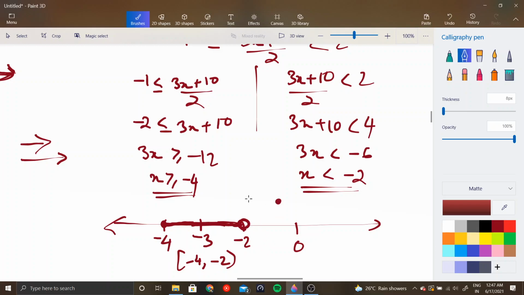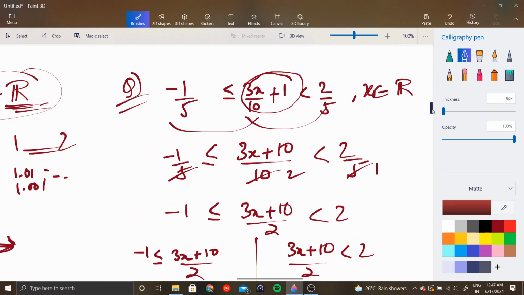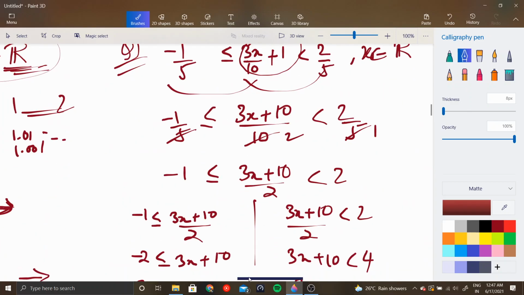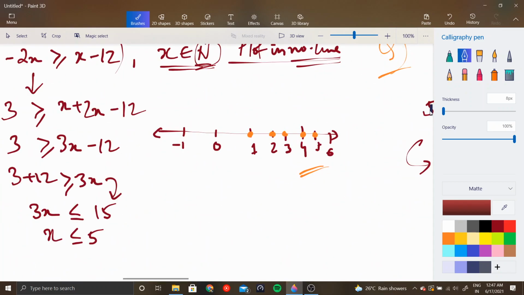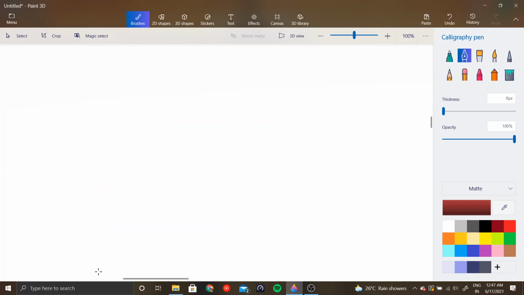So when a point is included, encircle it with a solid circle, and when it is not, encircle it using a hollow circle, okay? Fine. So this is one type of tricky question. It basically is to trick you on this concept, but if you have this concept in a simplified approach, this doesn't make any problem, okay?